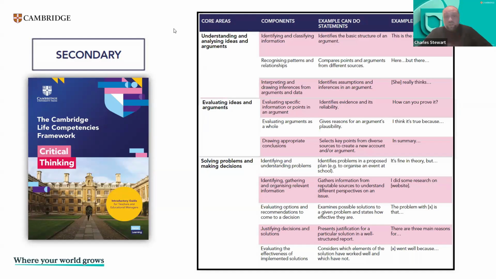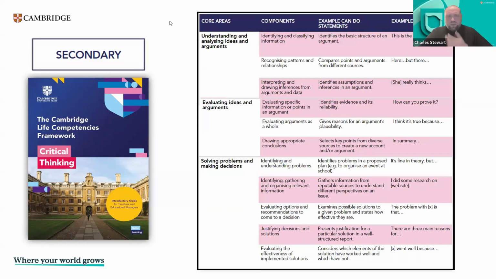So as I said, I will give you the link to download these at the end of the session today. Do have a look at them. There are some really useful facts and further analysis of exactly what makes up critical thinking.